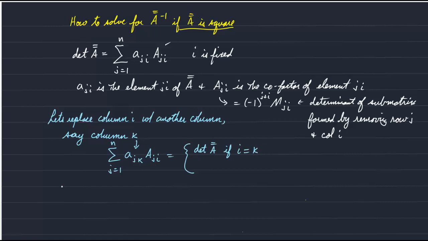In other words, if i is equal to k, then we're not changing anything. We're not changing the column. We're just replacing it with itself. But what happens if i is not equal to k?